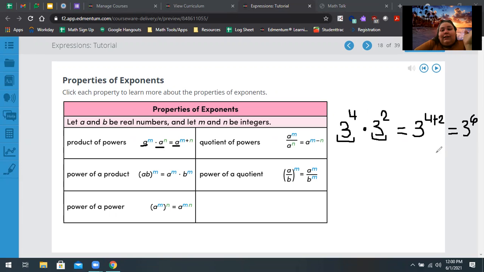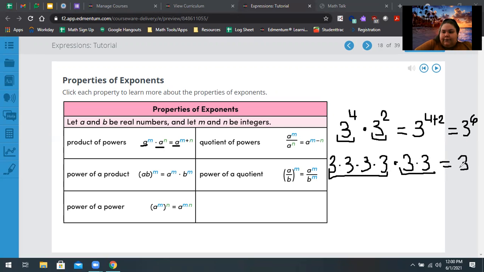If you want to look at it expanded, 3 to the 4th power is the same thing as 3 times 3 times 3 times 3, and 3 to the 2 power is 3 times 3, 2 of them right there. Again, you're all multiplying. If you count up all your 3's, you still get the same value of 3 to the 6th power.